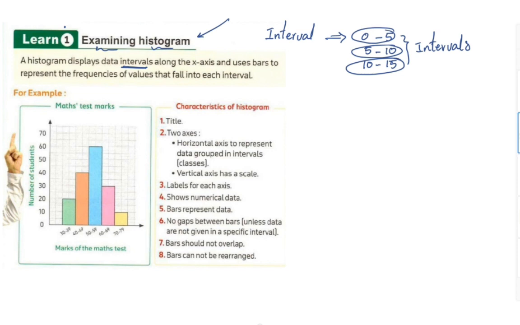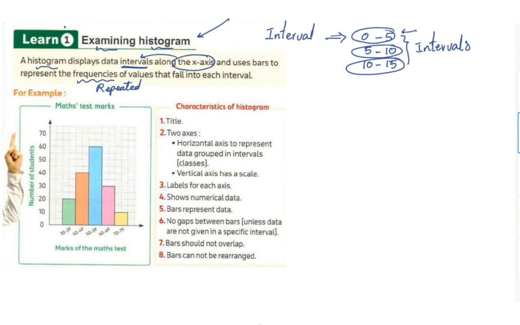So a histogram displays data in intervals along the x-axis. The x-axis will be the intervals, and it uses bars to represent the frequencies. What is frequency? Frequency is how many times something repeats.